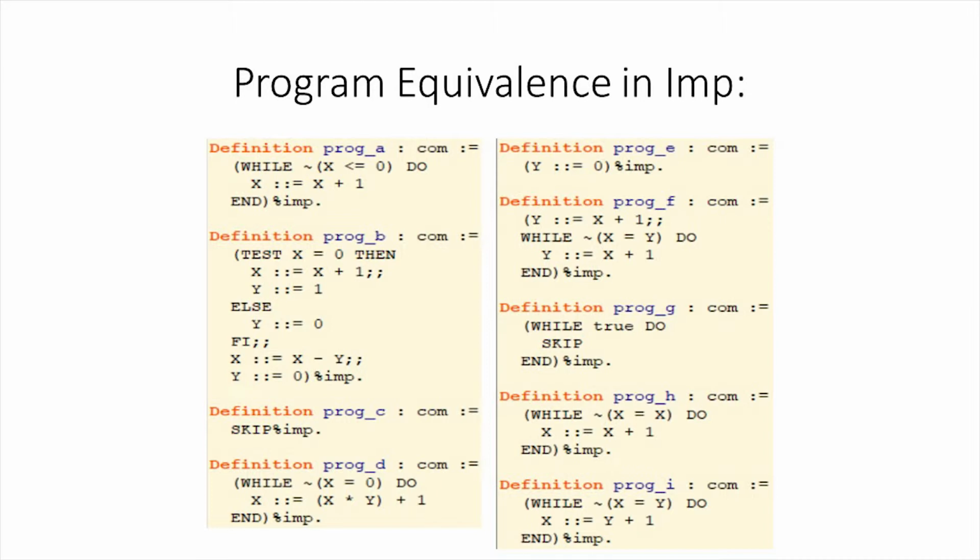Moving on to program B, we see that it is equivalent to program E. So B is a test of x being 0. If that's the case, x is incremented by 1, y is set to 1. And if it's not the case that x is equal to 0, then y is set to 0. And finally, x is set to be x minus y, and y is set to be 0.